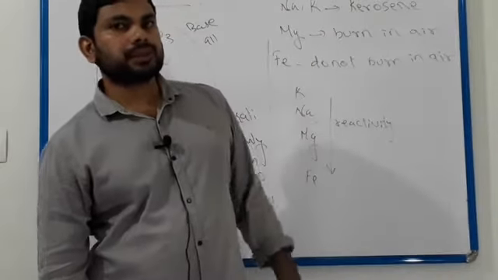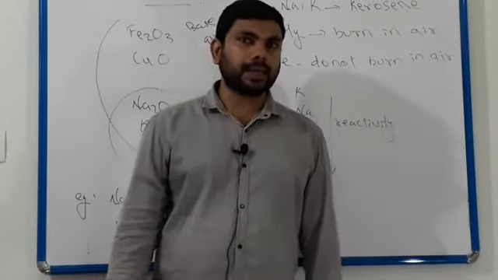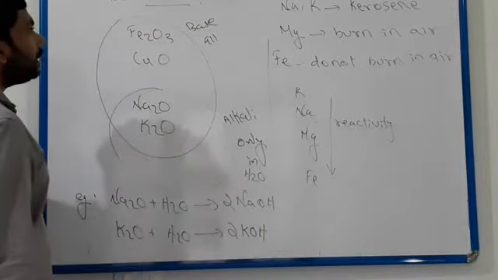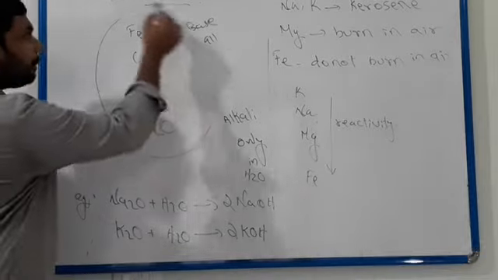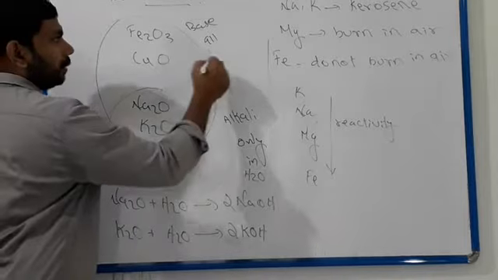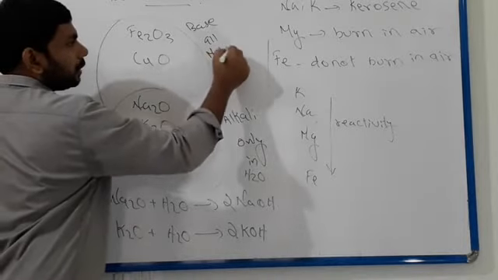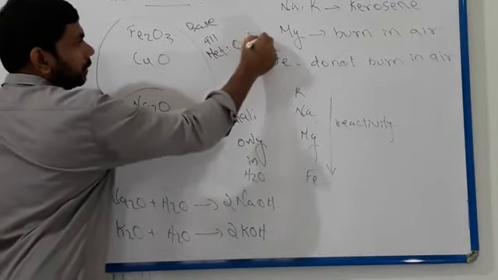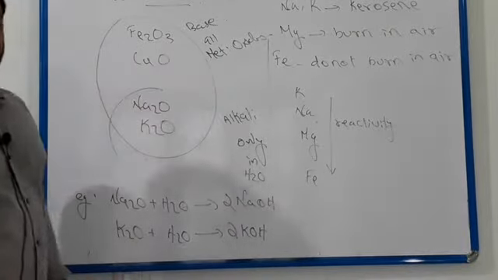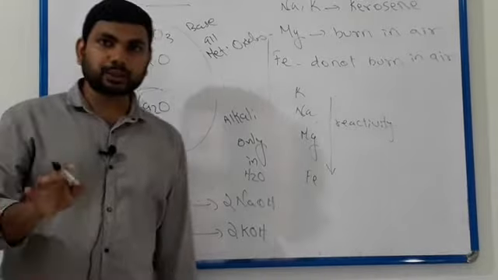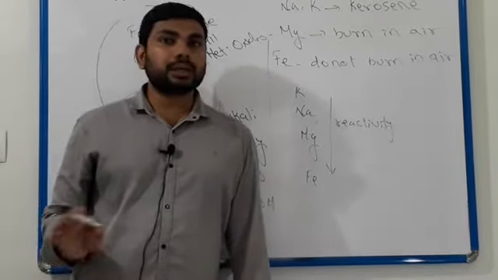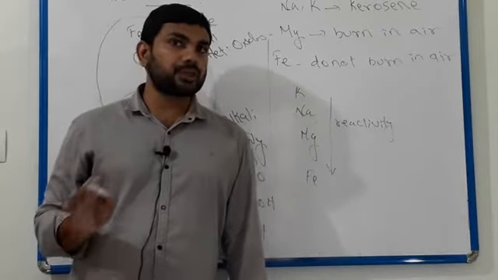I told you before there is some difference between base and alkali. Look here, you can simply understand the difference. All metal oxides are base, for example iron oxide, copper oxide, etc. Except amphoteric ones: aluminium oxide, zinc oxide, lead oxide are amphoteric, not base.